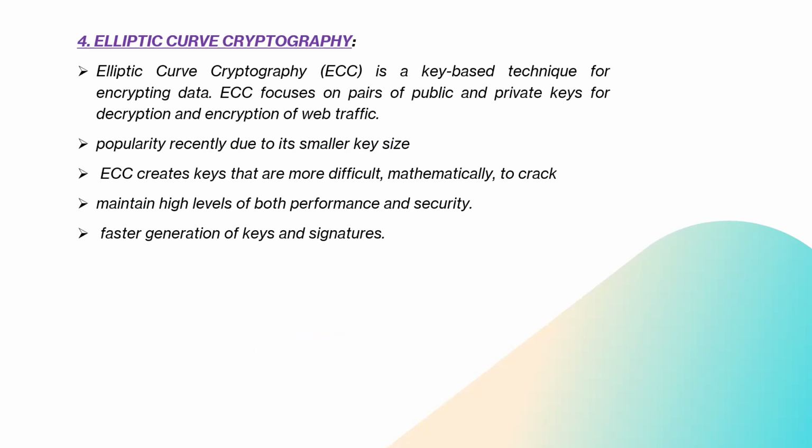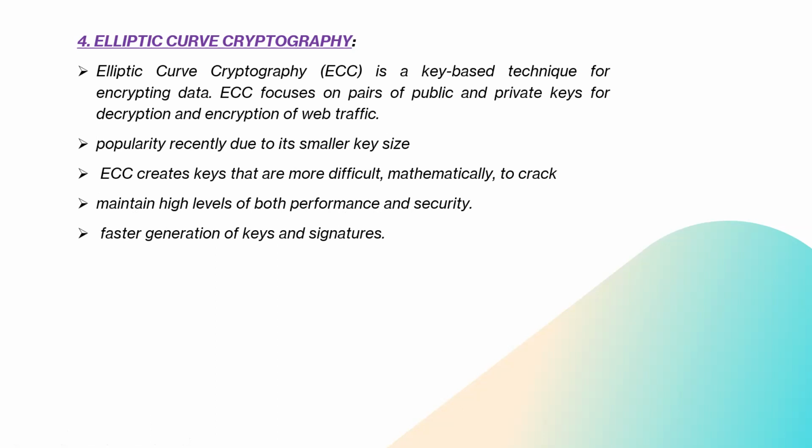ECC, on the other hand, is popular because of its small key size, and it is much more difficult to crack. In terms of performance and security, it is very strong. I cannot say it is the best, but it is totally different from RSA.